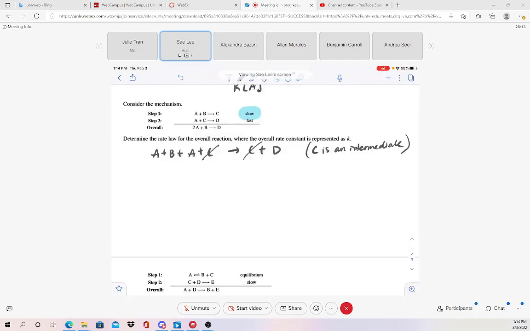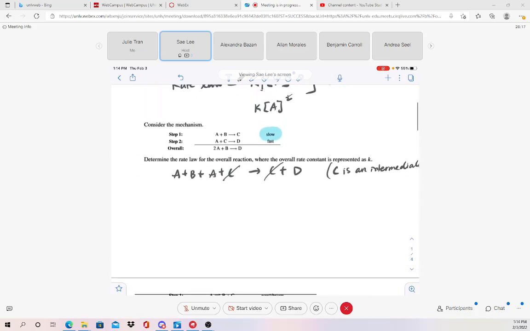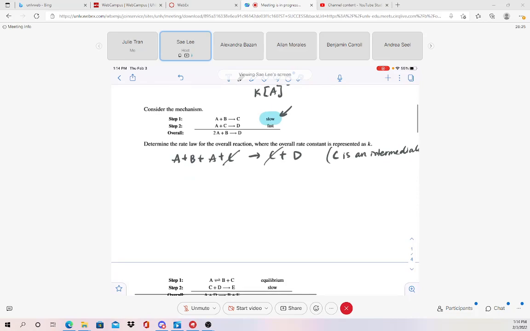So we know that C is an intermediate. Now again, if you want to find the overall rate law, we know that the slow reaction is going to govern the overall rate law of the reaction. So the rate law from the slow reaction, or step 1, is going to be, no wait, this one.